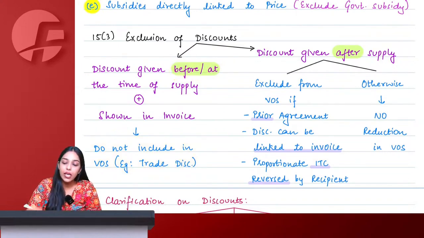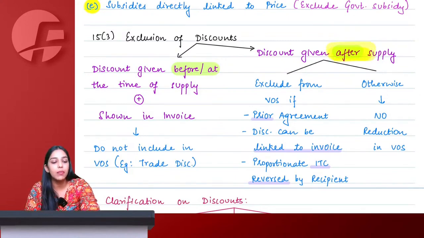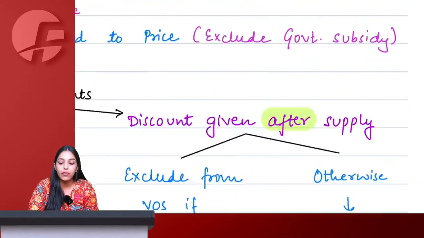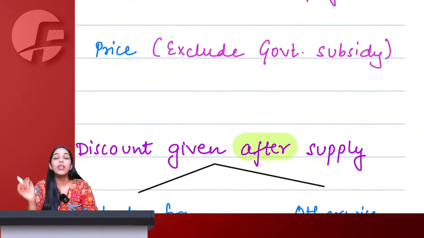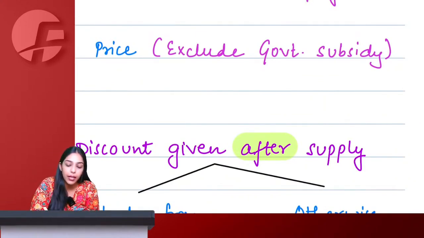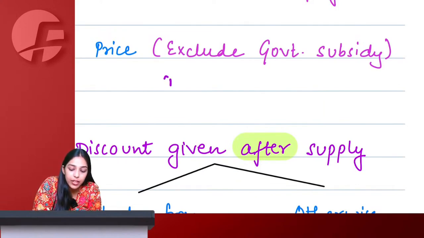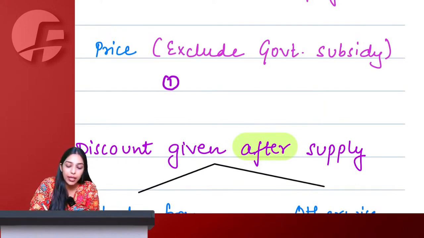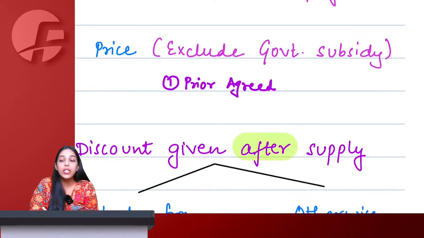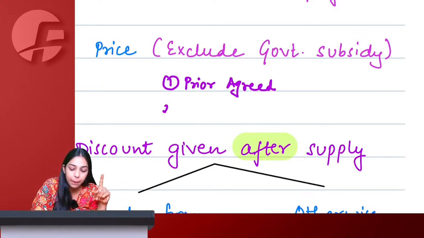But if the discounts are given after supply, then in the comment section everyone tell me what are the three conditions that you need to fulfill for an after-supply discount. Only then will the government allow you to reduce this discount from your value of supply. One, whatever discounts are given after supply should have been prior agreed.